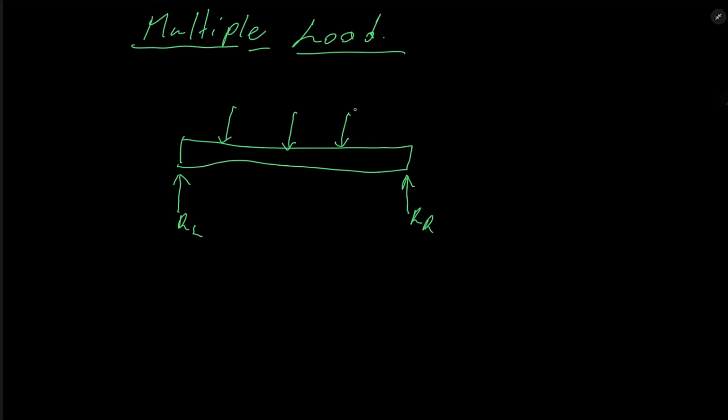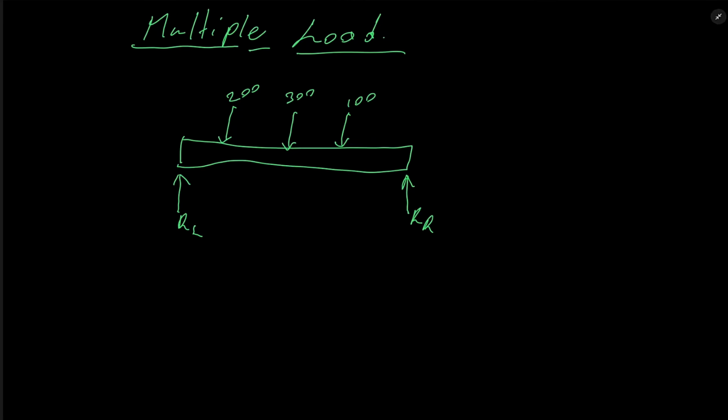We'll add some values to this. Let's go 200, 300, and 100. It means that the total here is 600 being acted down. So the upward force at RL and RR should be equal, or at minimum at least equal to that, to make this system be in equilibrium.